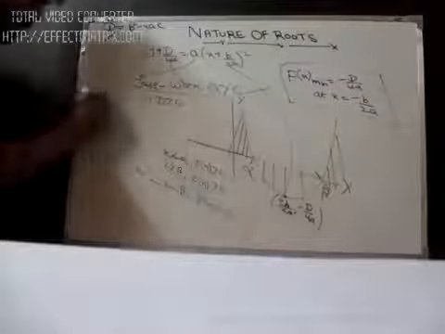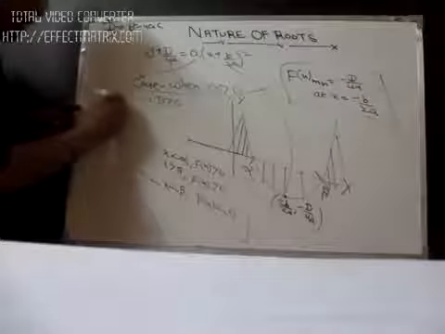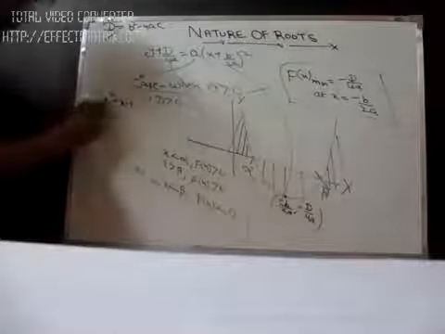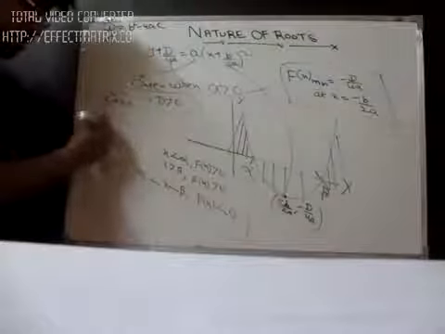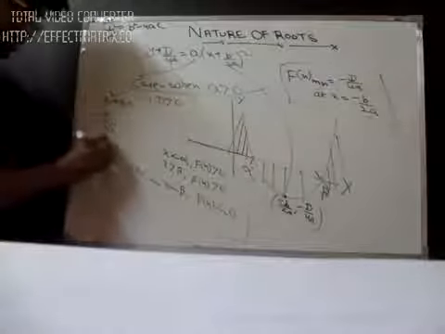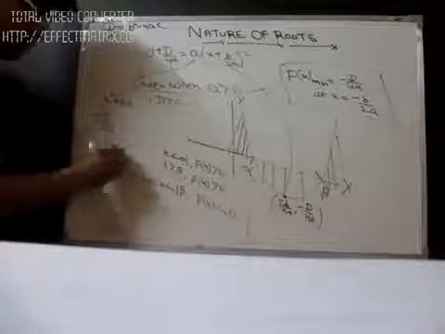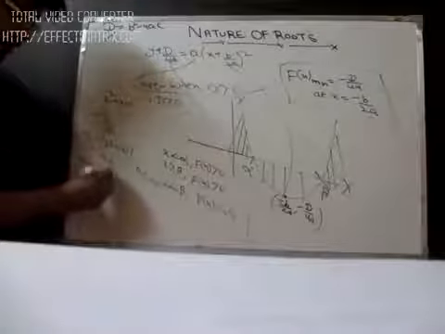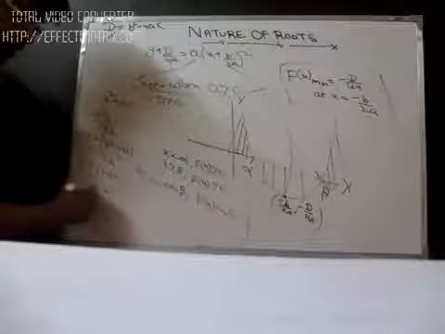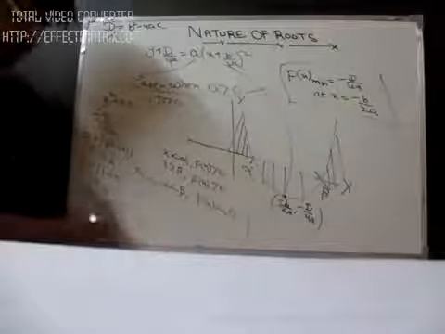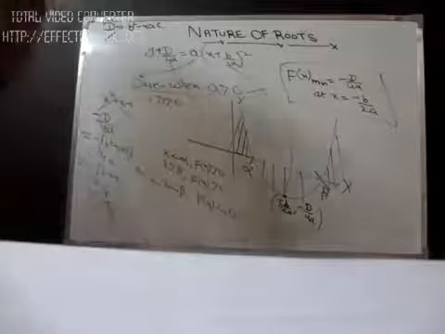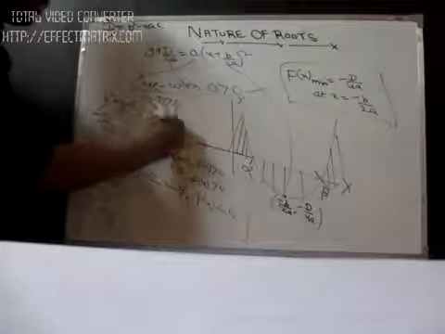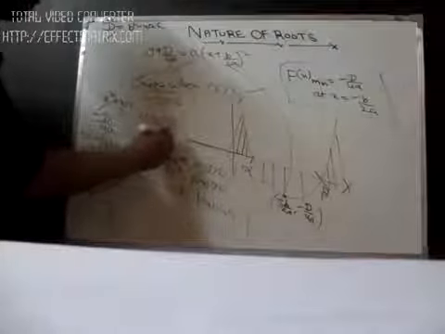Like we want to find the minimum value of x square plus x minus 1. Minimum value will be minus of b square minus 4ac divided by 4a, means minus 1 minus, plus 4 divided by 4, means minus 5 by 4. Minimum value of this function will be minus 5 by 4 at which x? At x is equal to minus b by 2a, means minus 1 by 2.